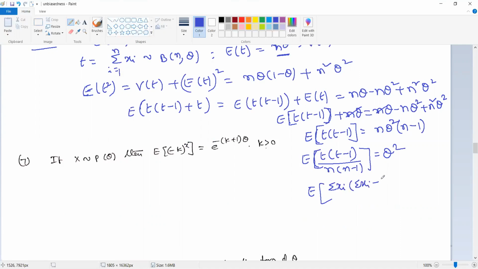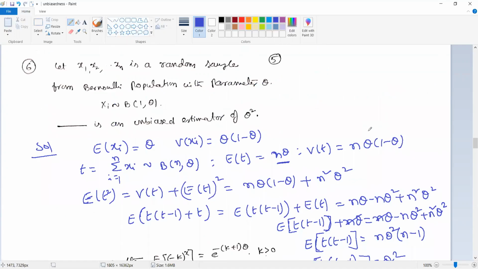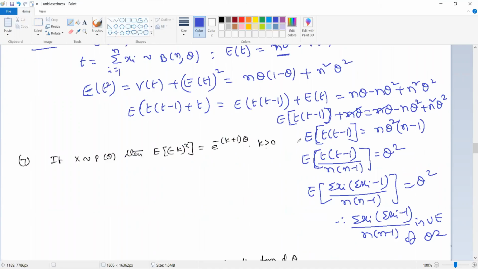Summation Xi into summation Xi minus 1, divided by n into n minus 1, is equal to theta square. Therefore, summation Xi into summation Xi minus 1 divided by n into n minus 1 is an unbiased estimator of theta square. It is very, very important from the examination point of view.